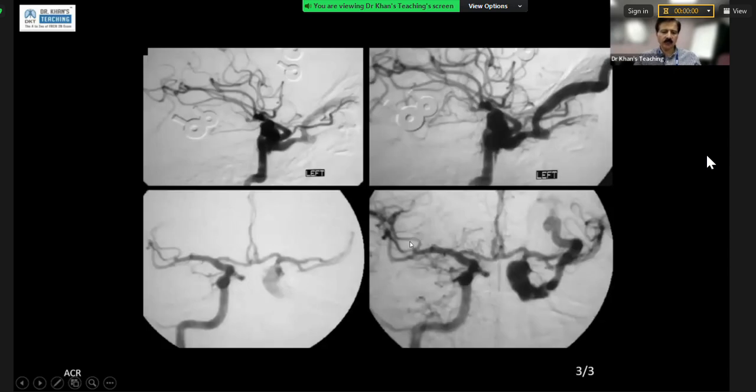But just to make the point, in this an angiogram has been done from the right side. Contrast has gone through the anterior communicating artery to the other side. And when it went into the cavernous portion, it just blew off into the veins. So carotid-cavernous fistula is an exam case.